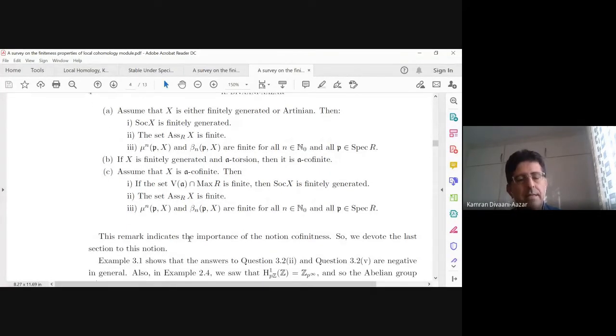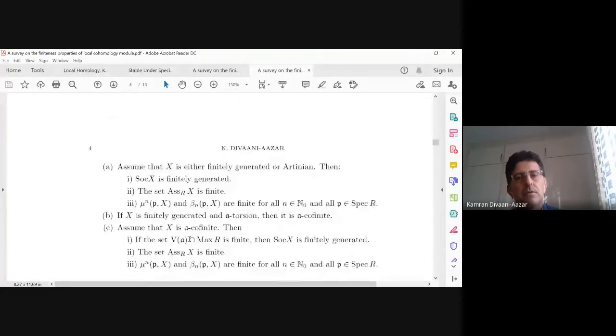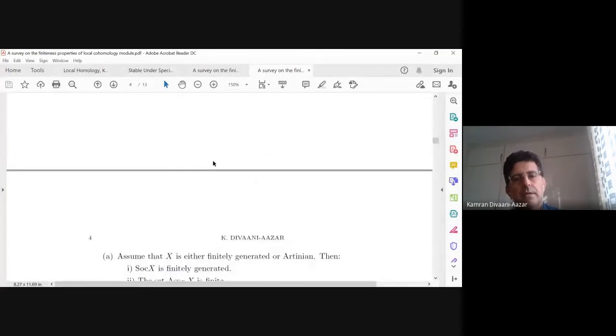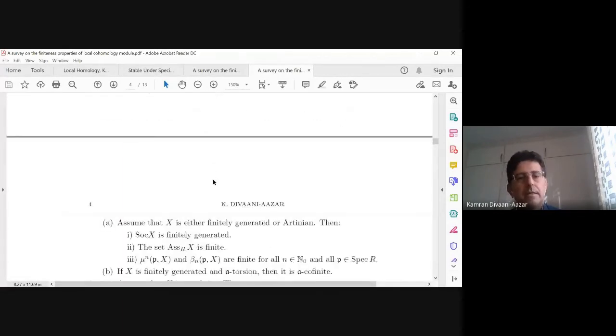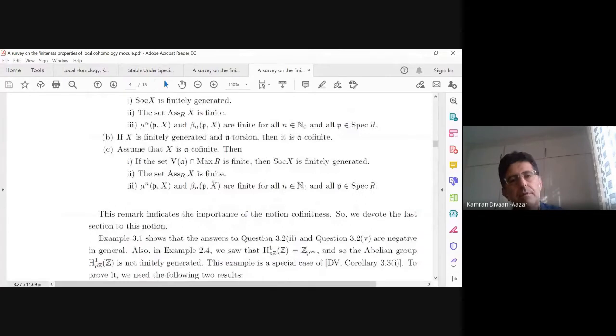We will see in the examples that very seldom is a local cohomology module finitely generated or Artinian, but there are many examples where local cohomology modules are cofinite. So the notion of cofiniteness for local cohomology is very important. This is the reason that we devoted a section to cofiniteness.